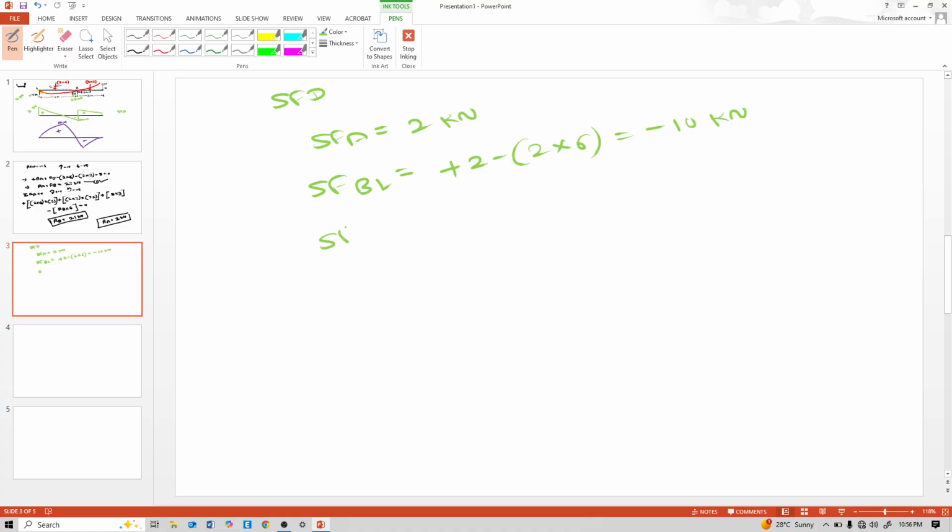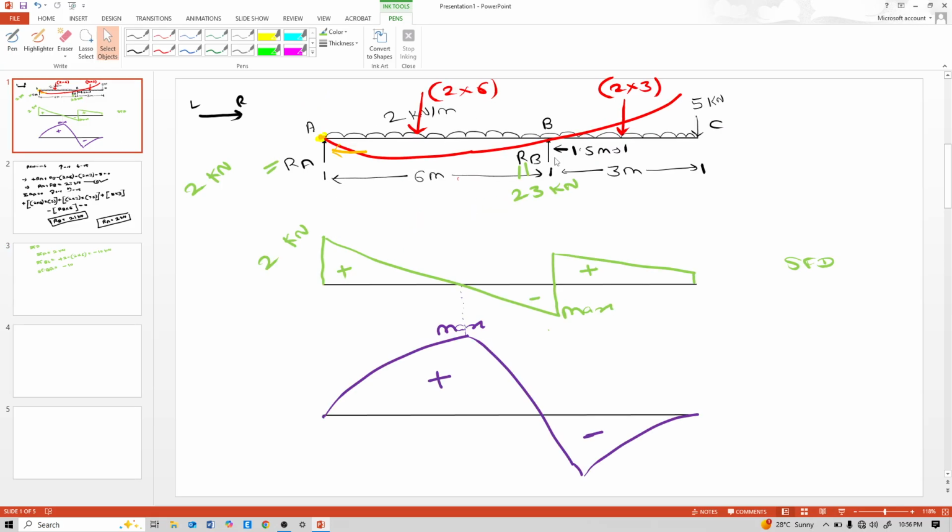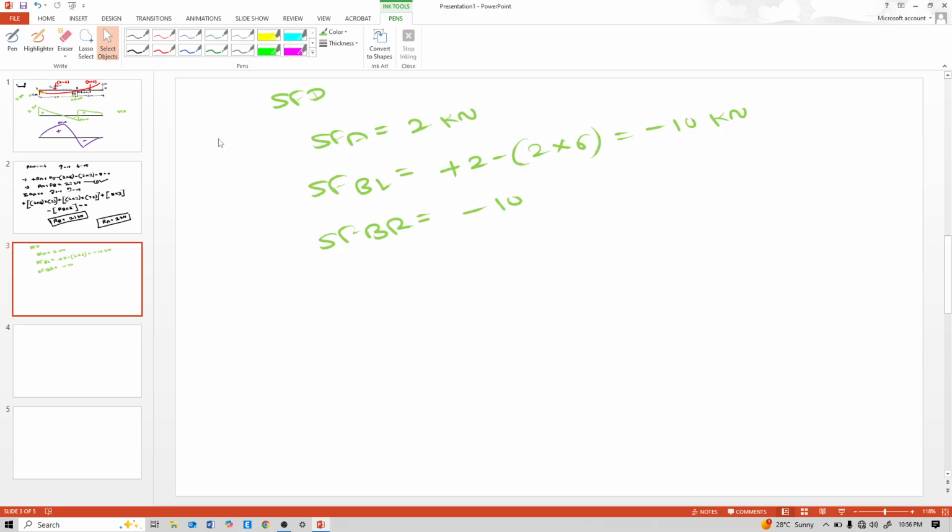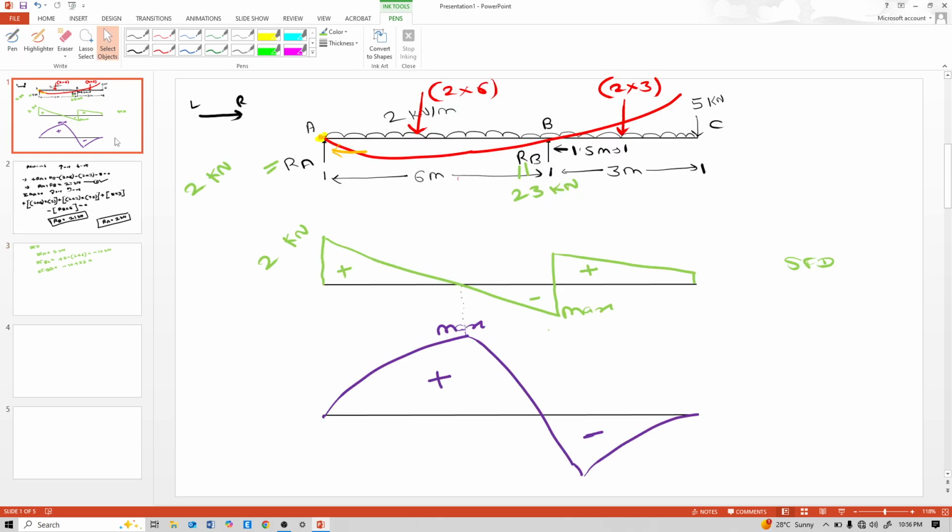Now next is shear force at B, just right of that. This is minus 10 plus reaction RB. RB reaction is 23 kilonewton. So it is 13 kilonewton. Minus 10 plus 23.